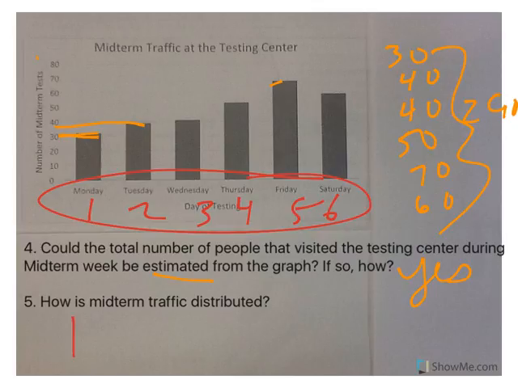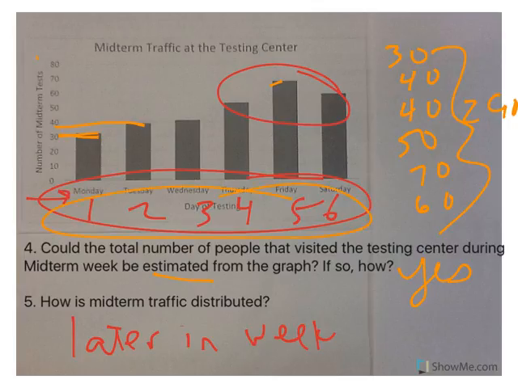You could say later in the week is higher, because Thursday, Friday, and Saturday are where the majority of people came. But you can't use skewed left or right, because that is used for numerical data, not categorical. Unless you're going to recode this data to be numerical, you really can't use skewness.